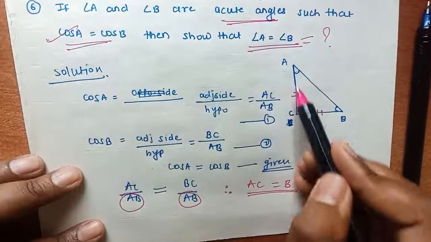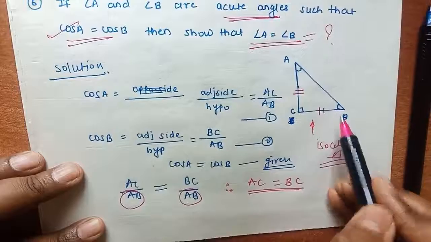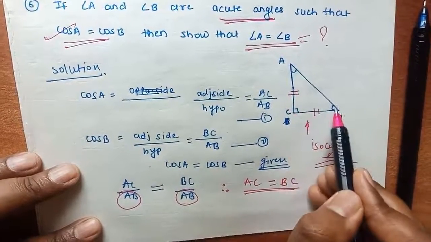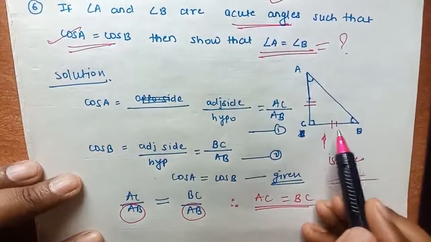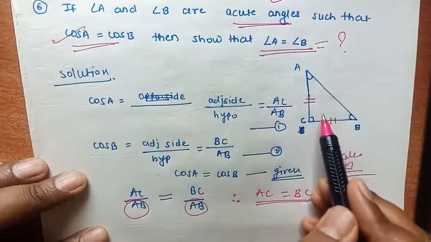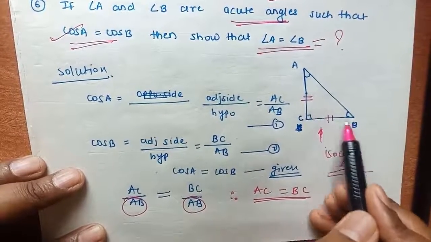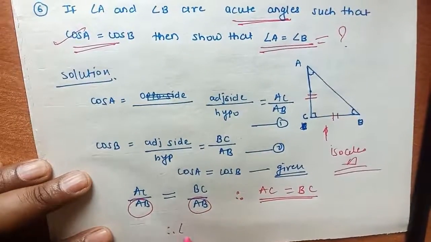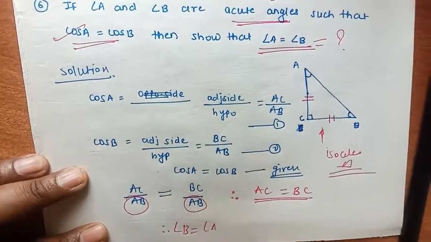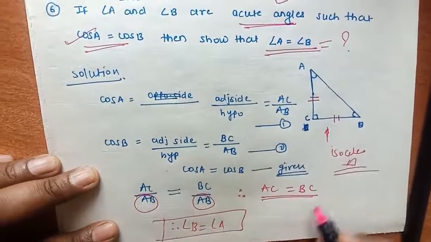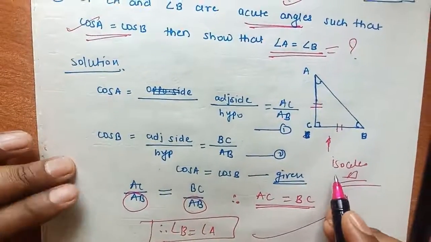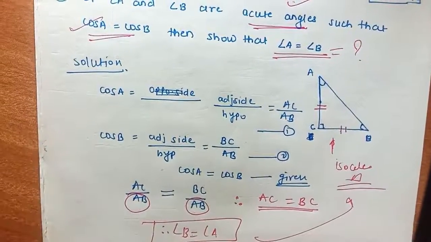For AC and BC equal sides, the angle opposite to AC is angle B and the angle opposite to BC is angle A. So if these two sides are equal, then angle B and angle A should be equal. So you can write angle B is equal to angle A, and for this reason it is an isosceles triangle. So in this way we can prove these by using the basic trigonometry formulas.